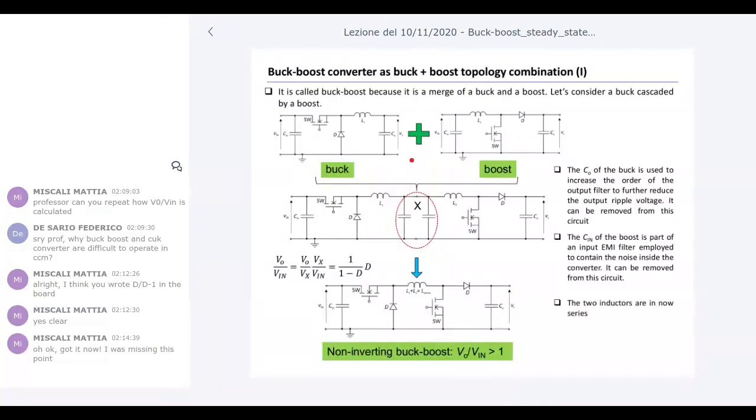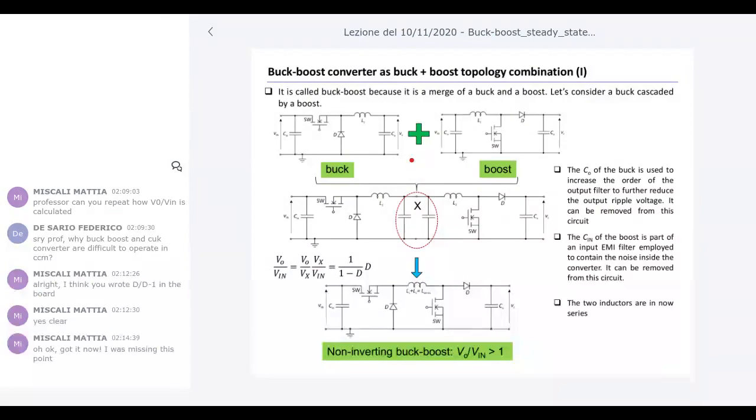These slides and a few of the successive slides try to answer the question why this converter is called buck boost. Just to consider a few things. At the beginning, this converter was fabricated, studied, evaluated, and nobody understood in those early times that this converter is the combination of the buck and boost.